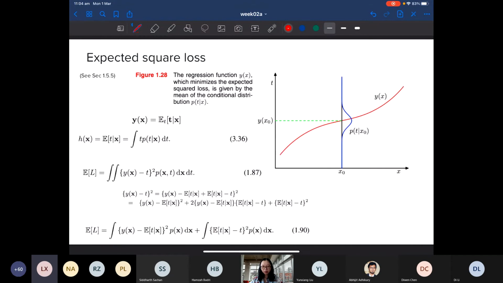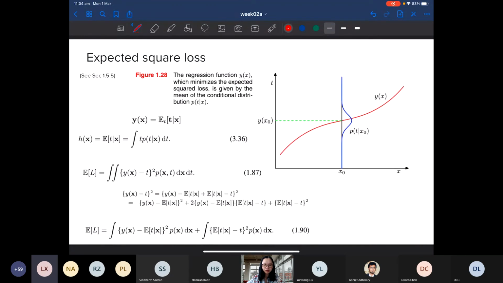There is a calculus of variations way where you can formally derive this. But informally, when we assume that our data is the regression function plus noise, the best estimate we can get for the regression function is the mean of this conditional distribution P of t given x, right? So let's just take that for granted.